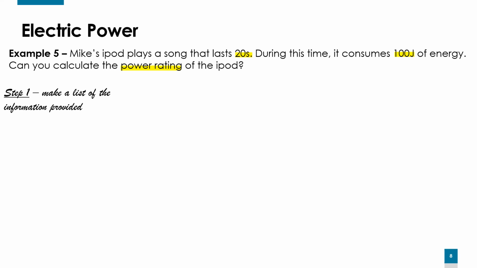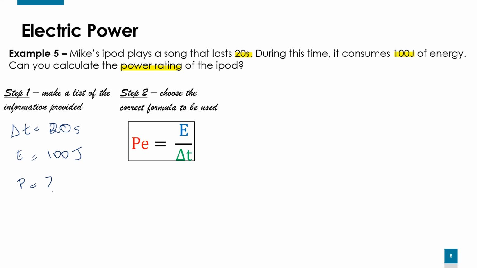So let's make our list. I have time, 20 seconds. I have energy, 100 joules, and I want to know the power.